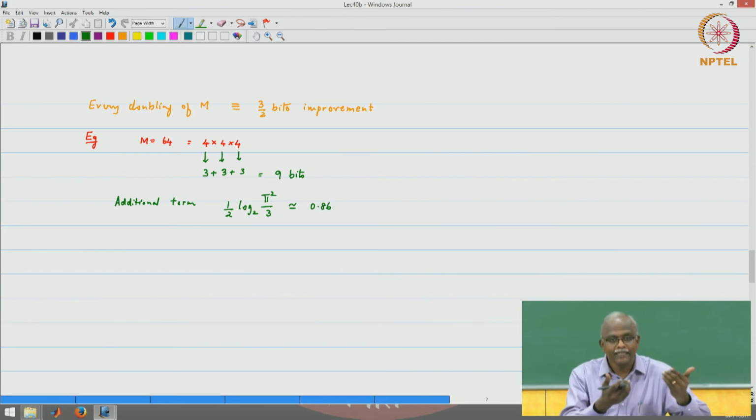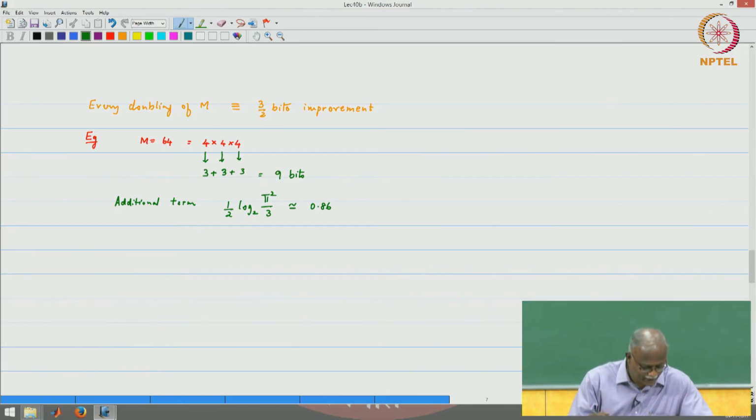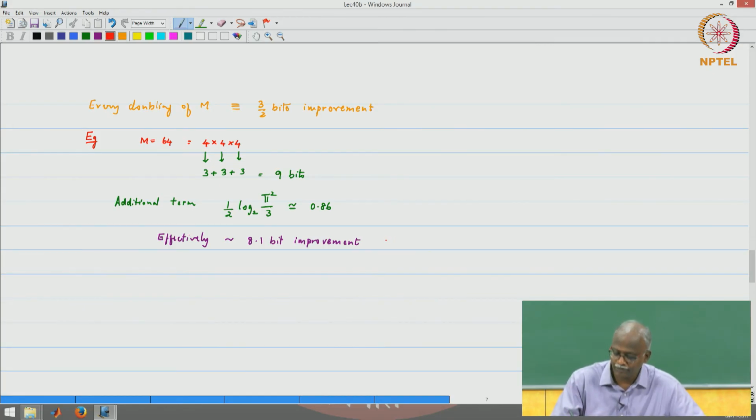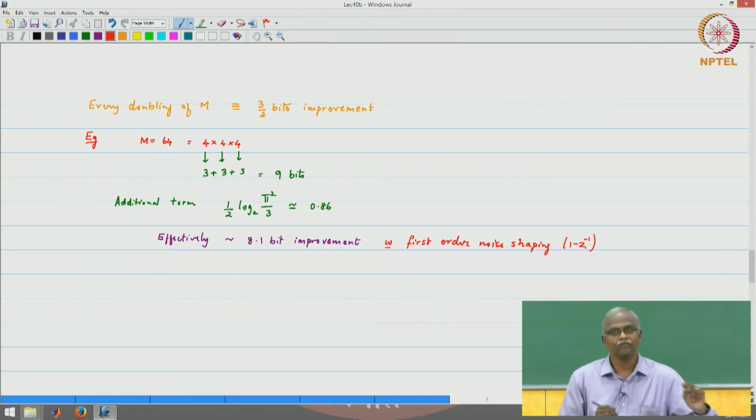So you gained 9 bits, you lost 0.86 bits. So effectively, if you take it as 0.9, it is an 8.1 bit improvement, and you achieved this with a simple first order noise shaping of the type 1 minus Z inverse. Very simple.